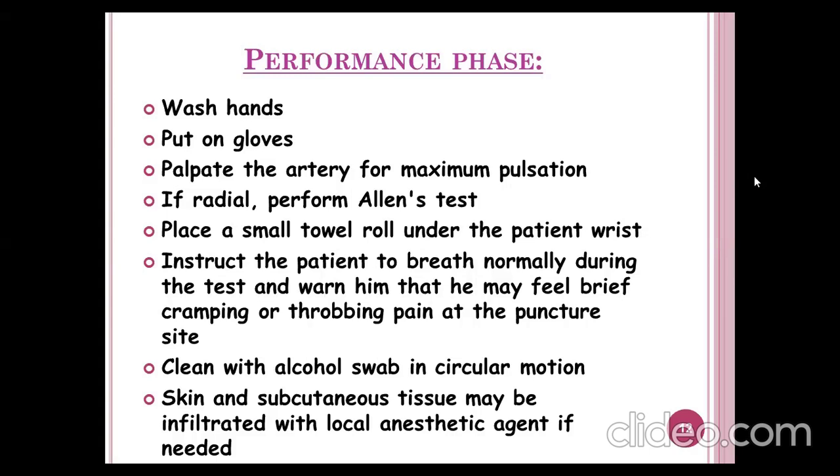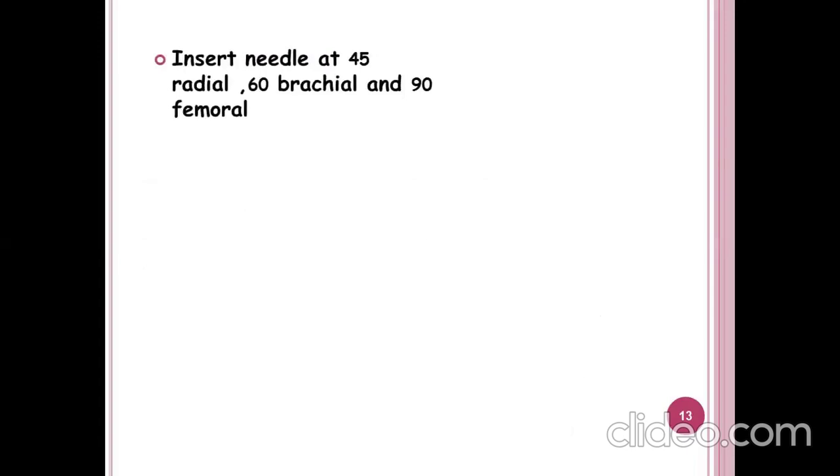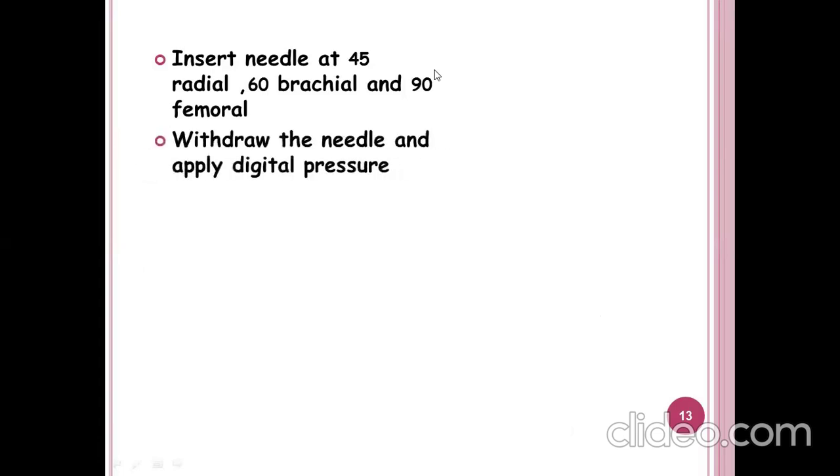After that, insert the needle at a 45 degree angle. If you are going to choose the radial artery, we have to insert the needle at 45 degrees. If the brachial artery, it should be 60 degrees. If the femoral artery, it is 90 degrees. Withdraw the needle and apply digital pressure.